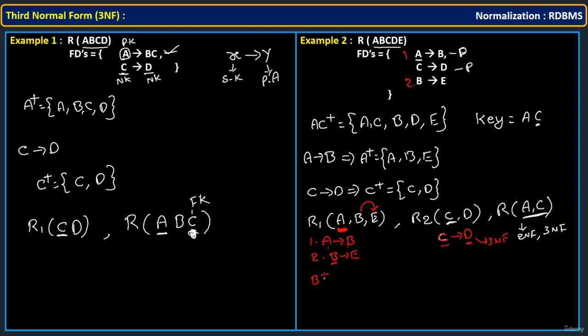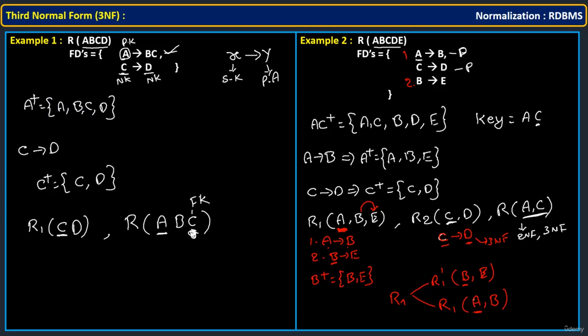If you find the B closure, as usual for third normal form, we get BE. So R1 we are dividing further as R1 dash. We take that as B comma E, where B is the primary key, and remaining R1 is A and B, and this B becomes a foreign key.